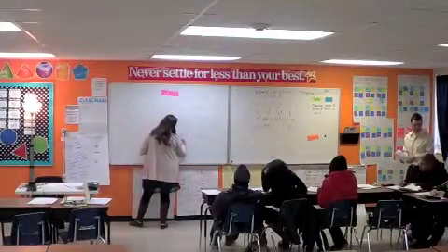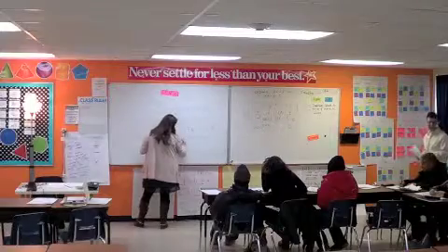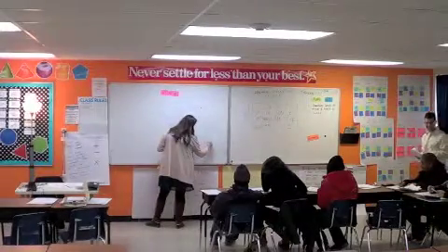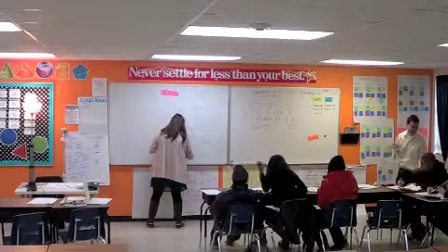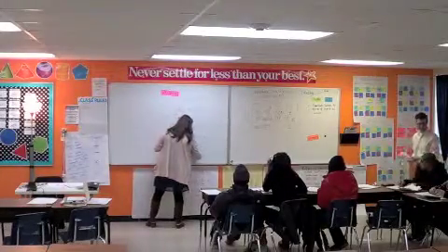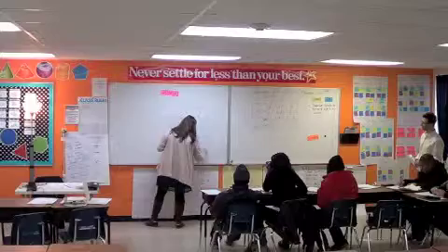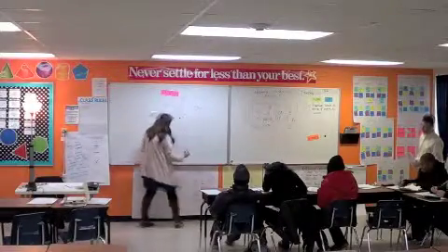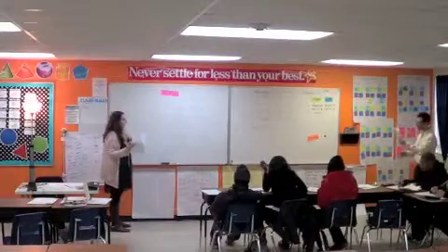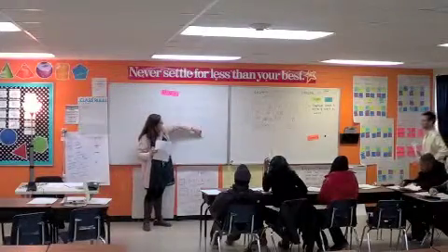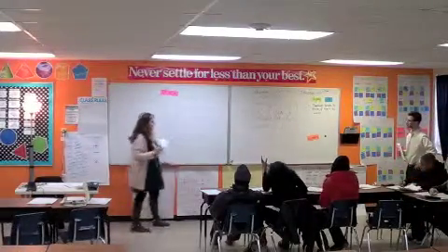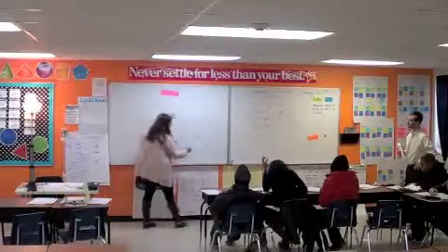I'm going to add it, and what I do to one side, I do to the other. What's 115 plus 105? But remember, I have a negative. So it's negative 10.